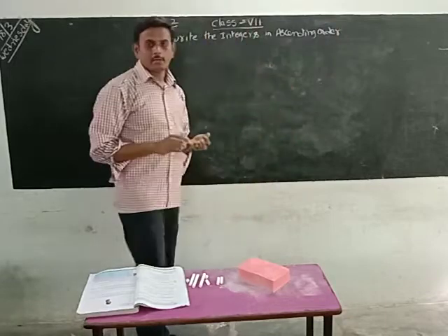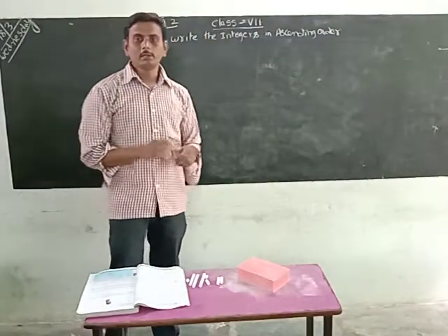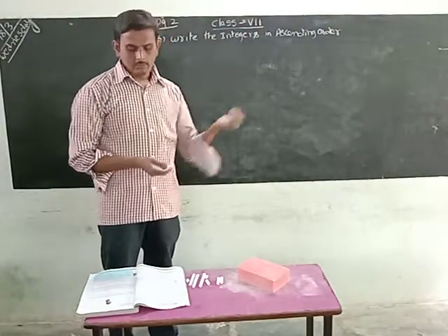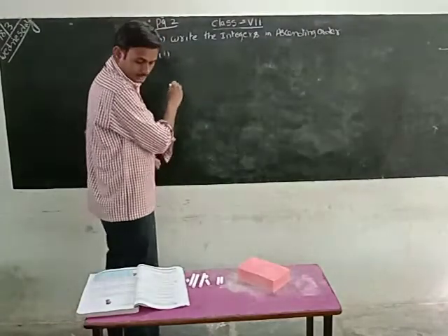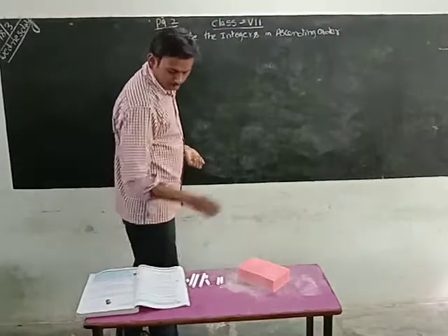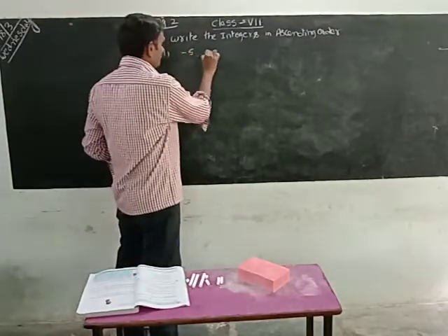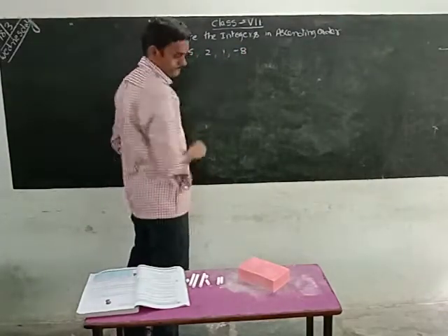Ascending order has another name. What is the name? Increasing order. Ascending order means increasing order. We have the first question here. What is the first question? Minus 5, 1, 8.